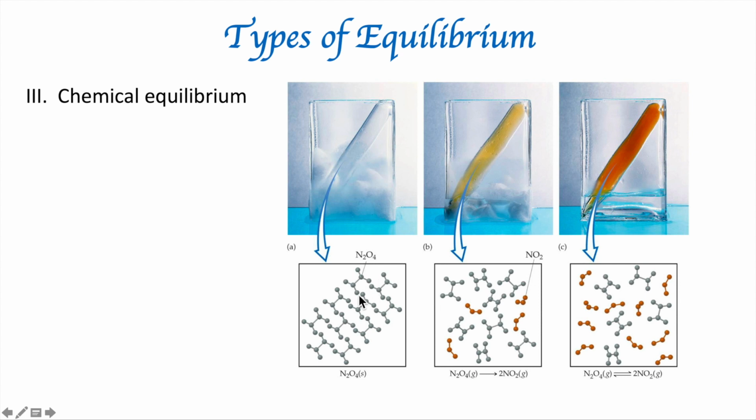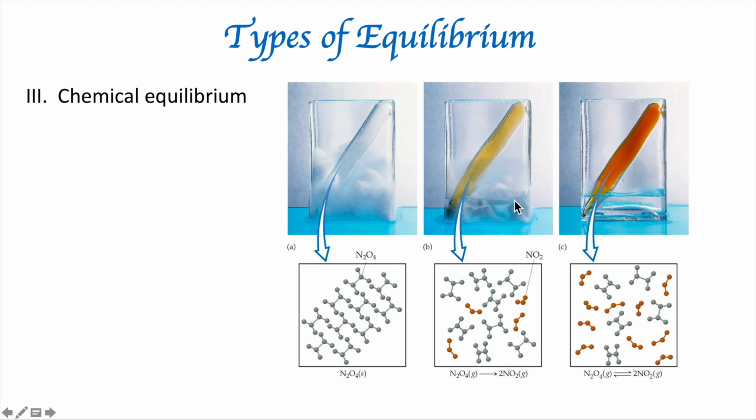But as it begins to warm up, the N2O4 will begin to decompose into NO2. Initially you have nothing but N2O4. Then as it heats up, some of the N2O4 decomposes into NO2, which is one nitrogen and 2 oxygens. The bond between the 2 nitrogens in the middle breaks, producing an NO2 here and a second NO2 over here.